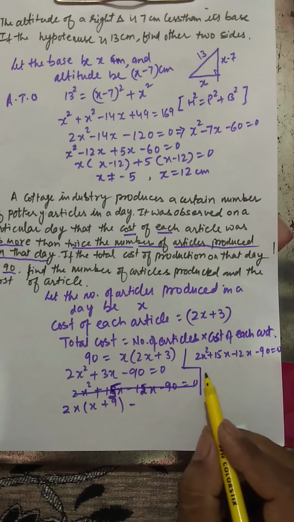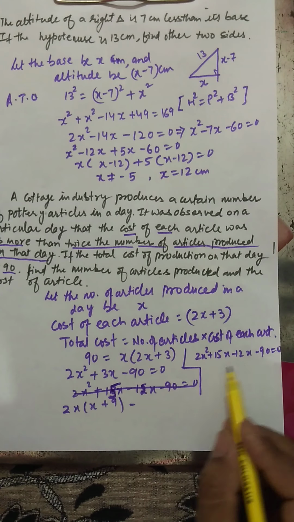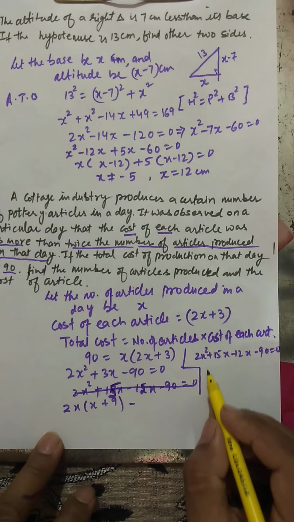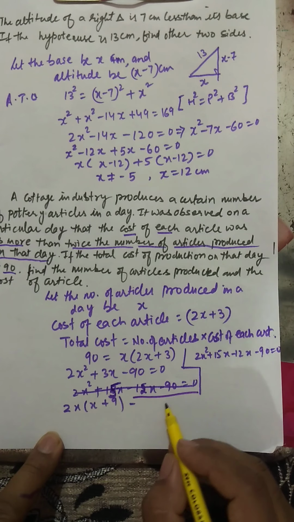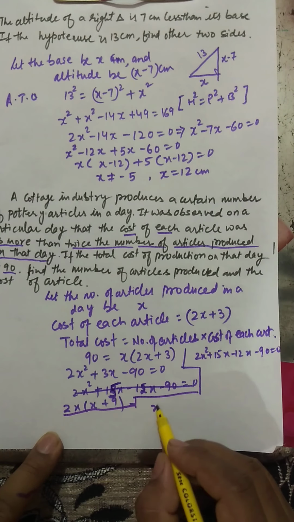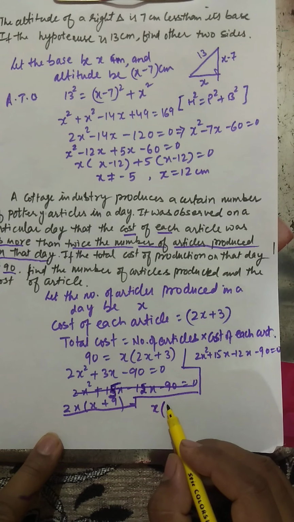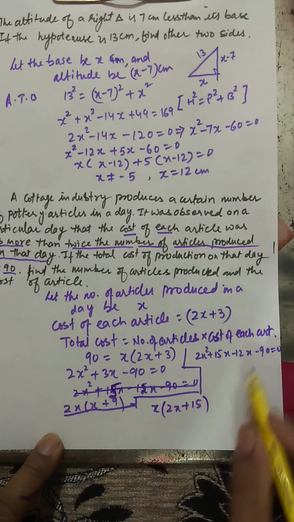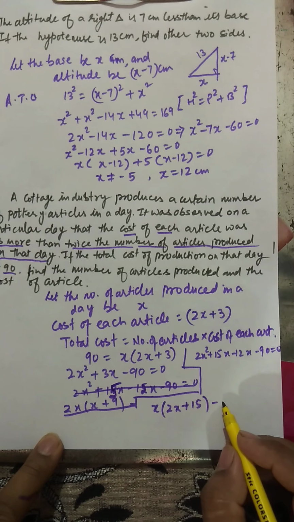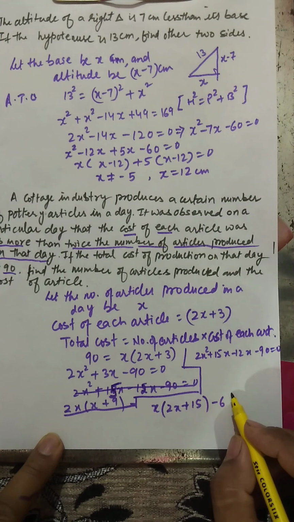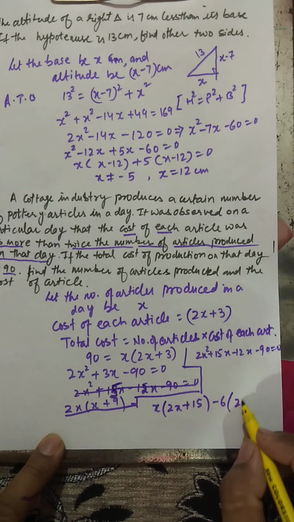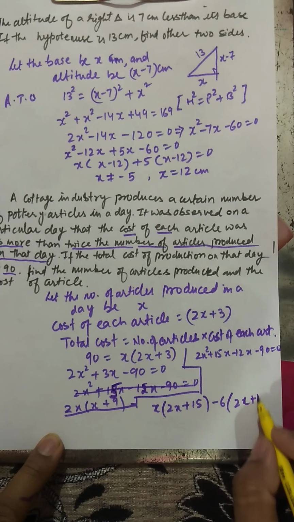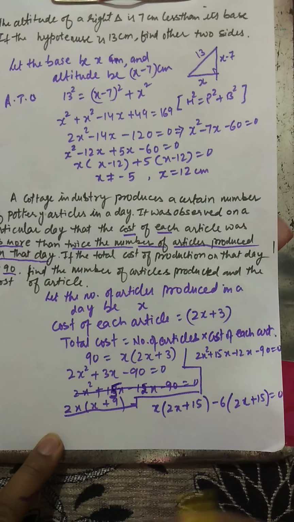So now you can see the factors that you can take common: you take x common, so it will be 2x plus 15, and from here you take minus 6 common, so it will be 2x plus 15 equal to 0.